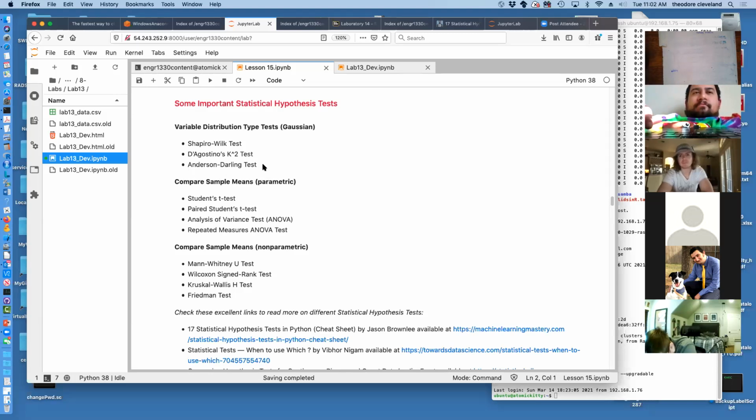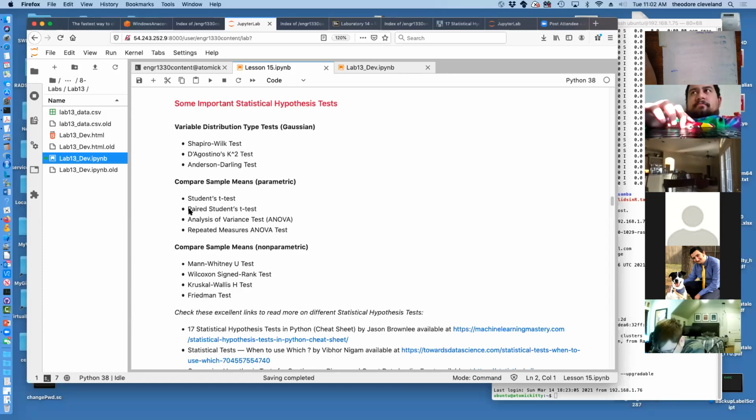And what these are doing is testing whether a distribution based on sample data appears to be normal or not. And that's an important question to ask first, because if the evidence is that the data maybe came from a normal distribution, that allows us to use this parametric category of tests to ask the questions we really want, comparing sample means and analysis of variance.